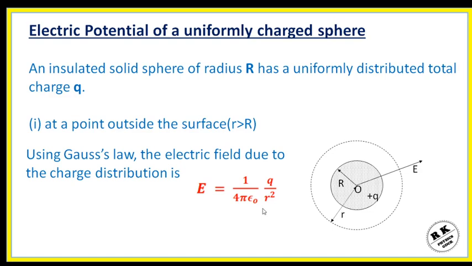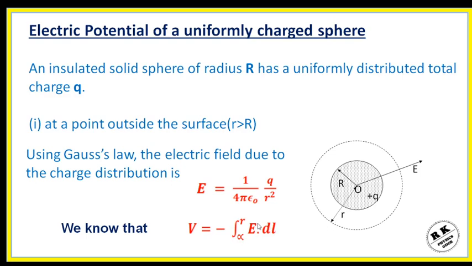Also, we know that there is a relation between field intensity and the potential, that is V is equal to minus of integral from infinity to r E dot dl. This is nothing but the amount of work done in bringing the unit positive charge from infinity to this point. That is called the potential at this point.